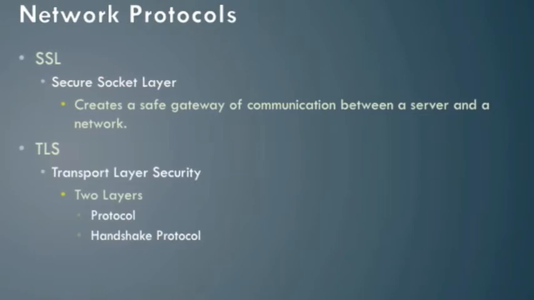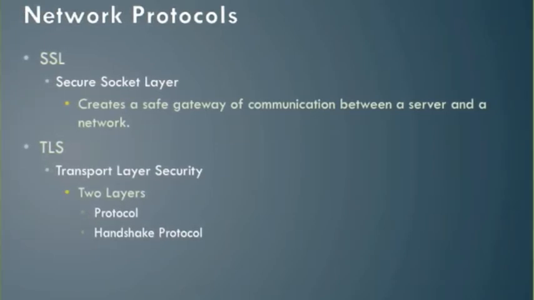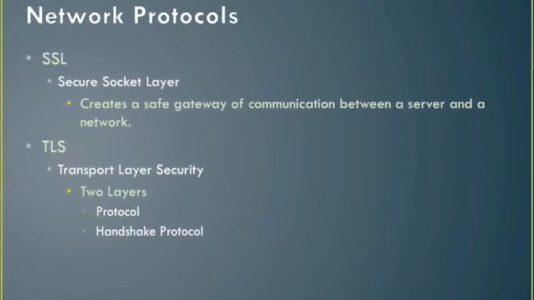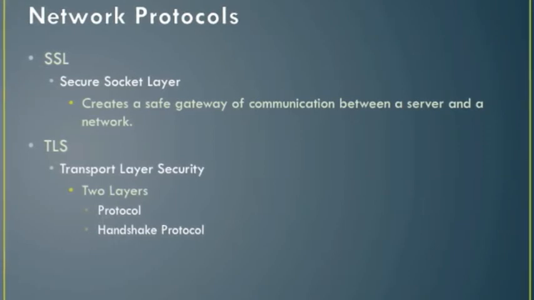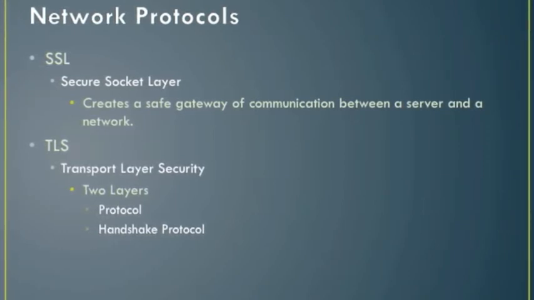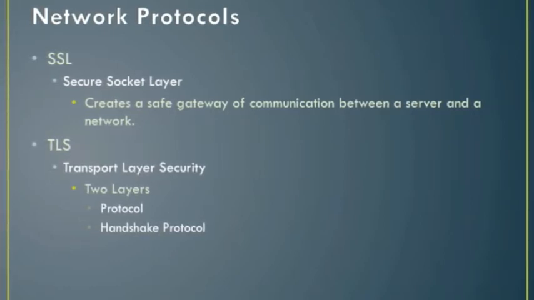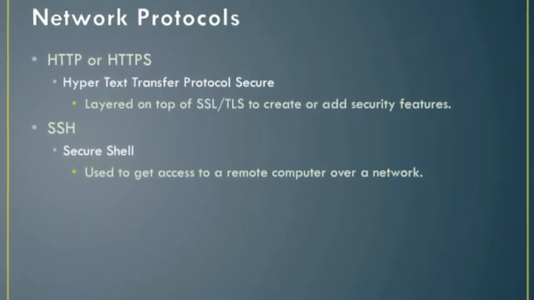Alright, TLS is Transport Layer Security. It is the successor of SSL, and TLS has two layers, the record protocol and the handshake protocol. TLS makes sure that no one can tamper with or eavesdrop on any message that is being exchanged between a client and a server.